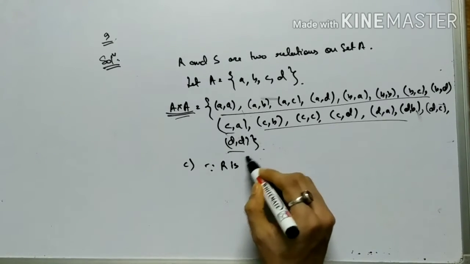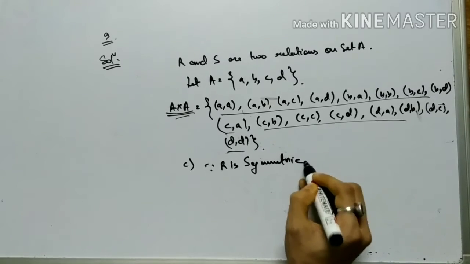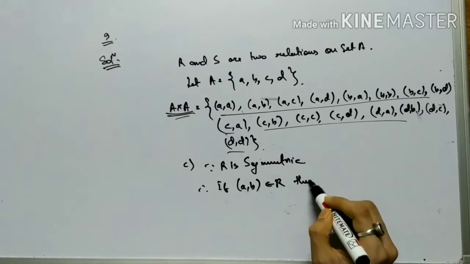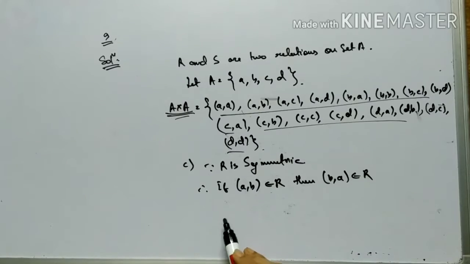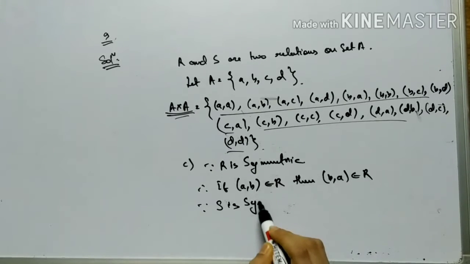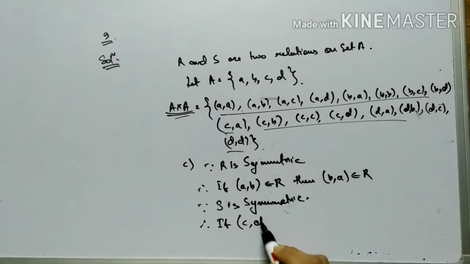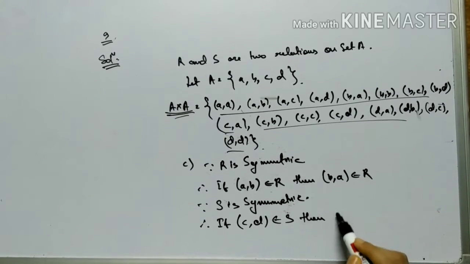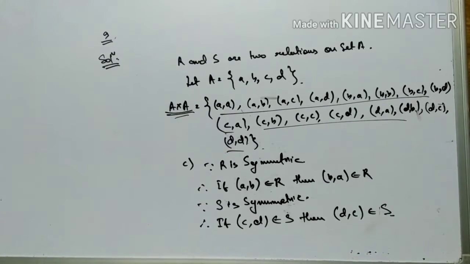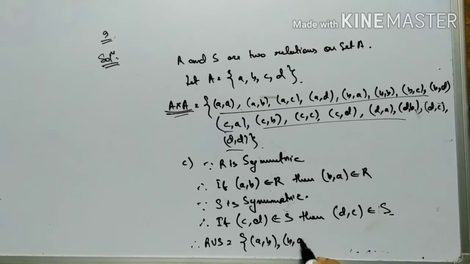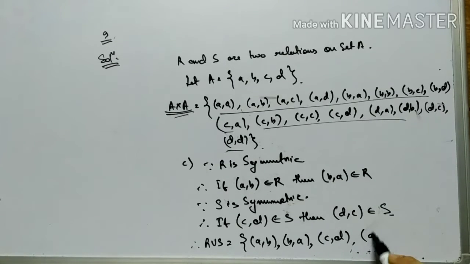Since R is symmetric, if AB belongs to R, then BA will also be in R. Again, since S is symmetric, if CD belongs to S, then DC will be in S. So therefore R union S will contain AB, BA, CD and DC.